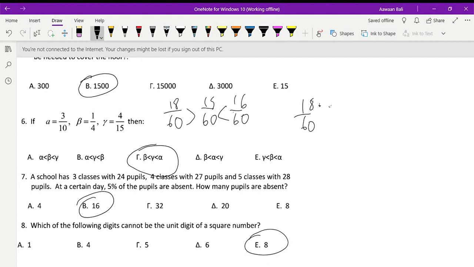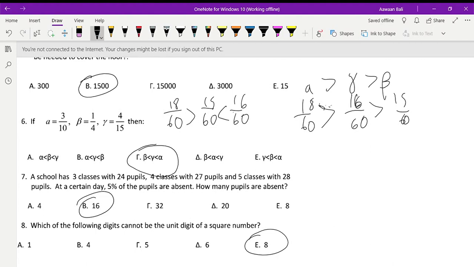Wait, no, sorry. Yeah, so it's not beta, it's supposed to be, I think, alpha, yes. And then the next smallest one is 16 upon 60. Then we have 15 upon 60, which is basically beta.